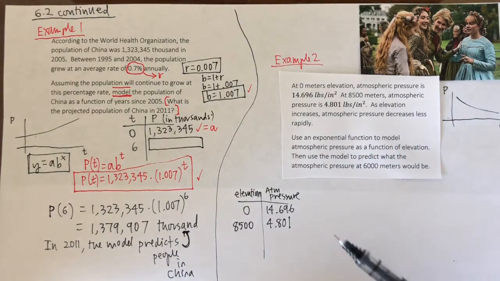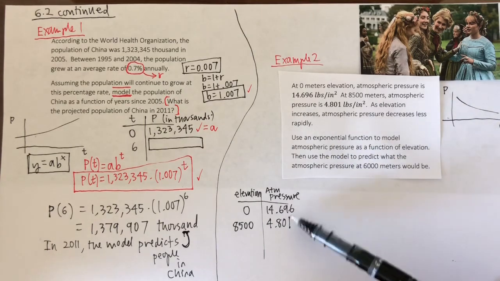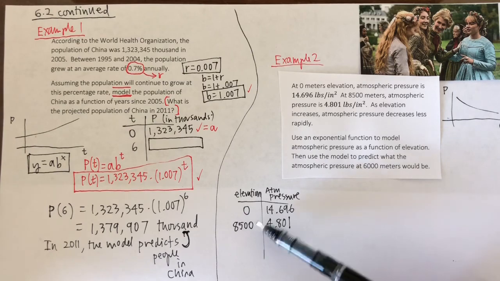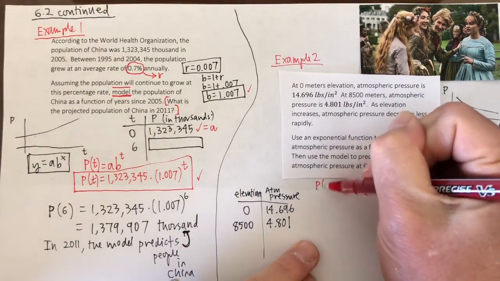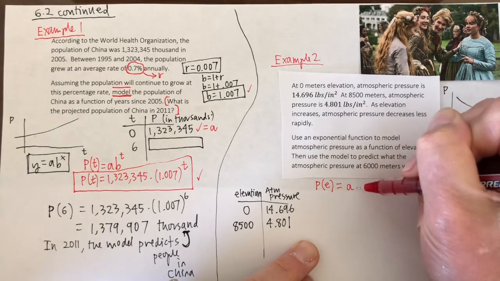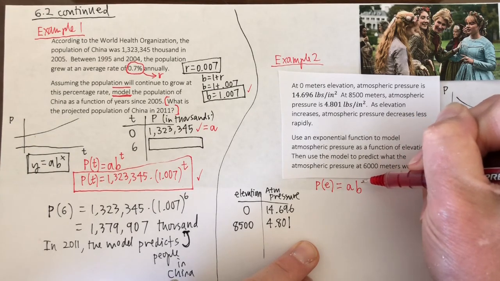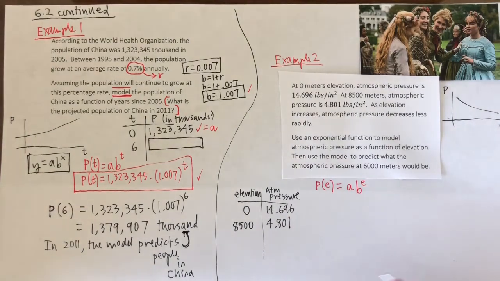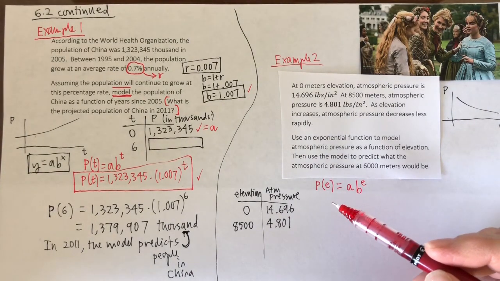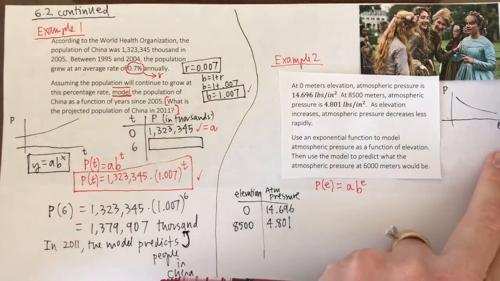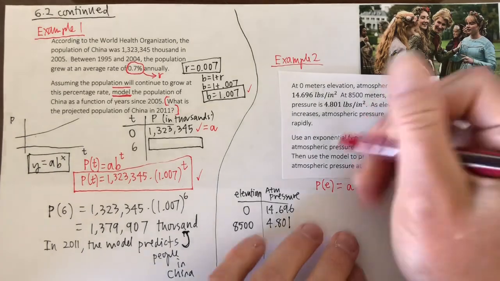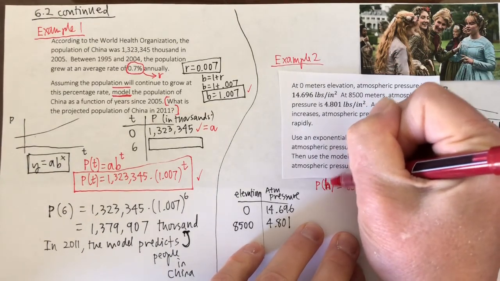Okay, this is enough. And knowing that we want to use an exponential function, we have our 2 data points. And nicely, we have the initial value. So our model is going to be atmospheric pressure as a function of elevation equals some initial value times the change factor raised to, oh, I don't like the variable e because that's a real number. So we'll do h for height, the elevation or height.